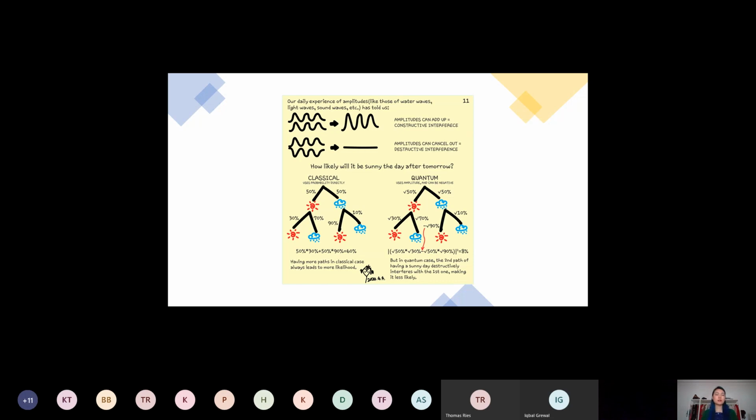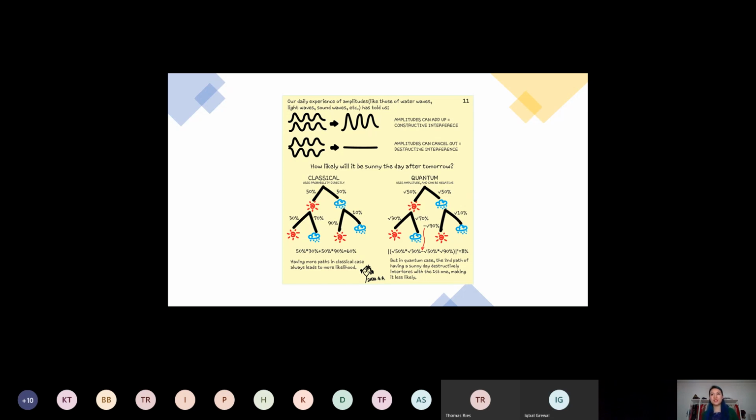So when it's sunny, you could have 30% sunny and 70% raining. But if it's raining, maybe you could label, these are just arbitrary numbers you can come up with. To know the probability of getting a sunny day the day after tomorrow, you multiply all these probabilities down the tree. So 50% times 30% plus 50% times 90% will be 60% chance if you describe the system in a classical way.